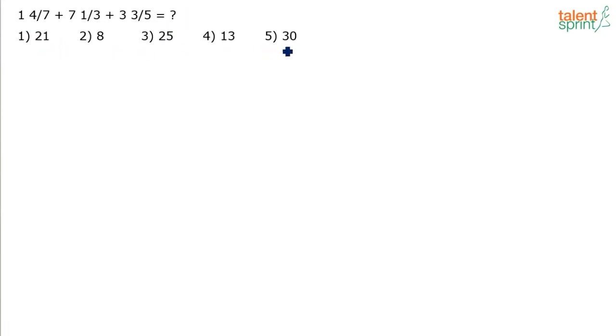Again, in this case, if you throw a look at the options, you would realize that they are not very close to each other. So we can do an approximation to a great extent. Now look at the question. 1 4 by 7 plus 7 1 by 3 plus 3 3 by 5 is equal to what?